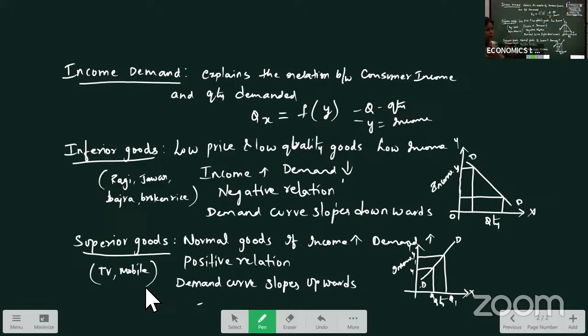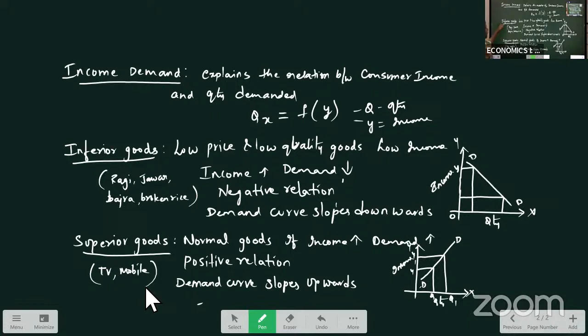Try to understand the concept of income demand. Income demand explains the relation between consumer's income and quantity demanded. Means if consumer's income is changing, demand also changes.